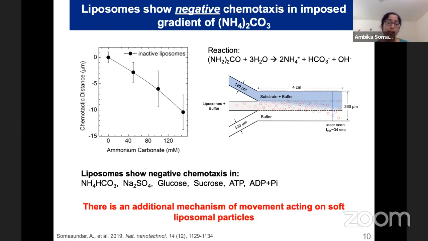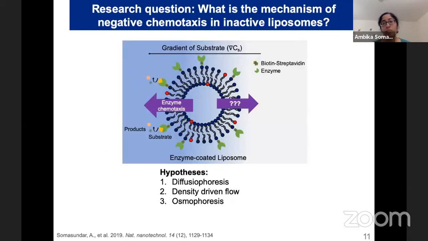So that gave us a clue that there is an additional mechanism of motion that is acting on these soft lipid particles. That brings me to the next question of this talk. What exactly is the mechanism of this negative chemotaxis? And how can we control it to make these lifelike adaptive materials?